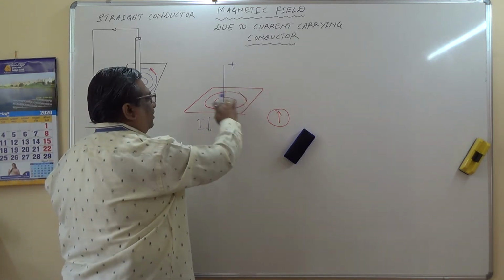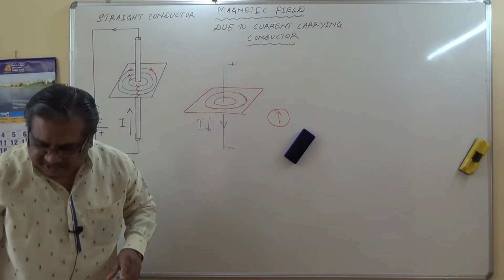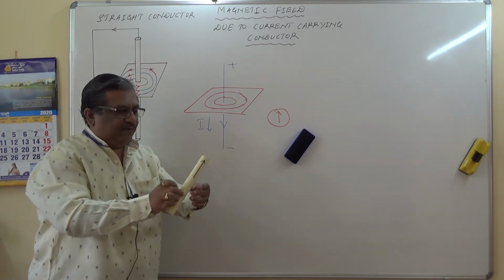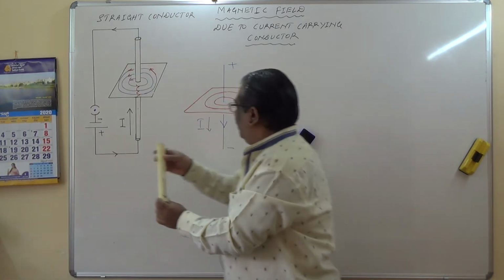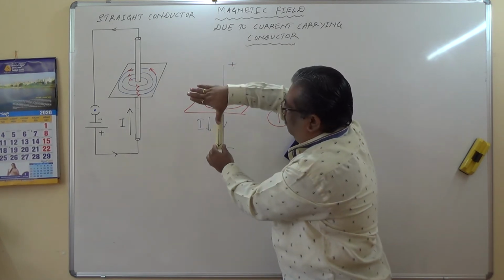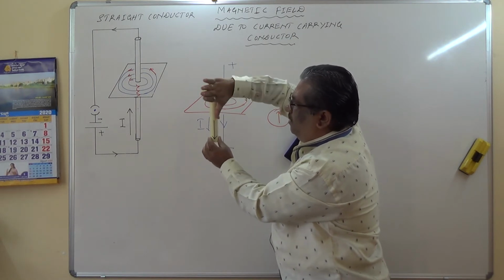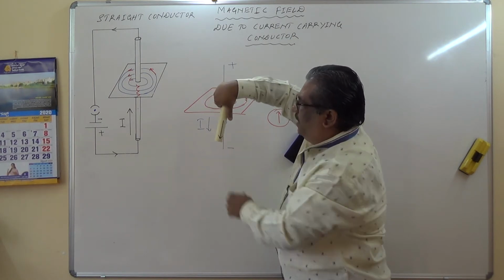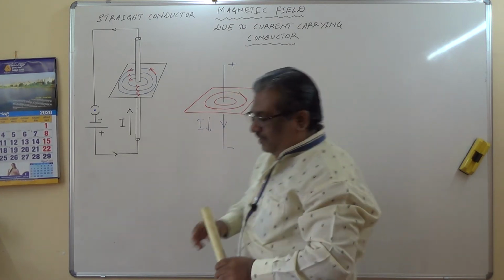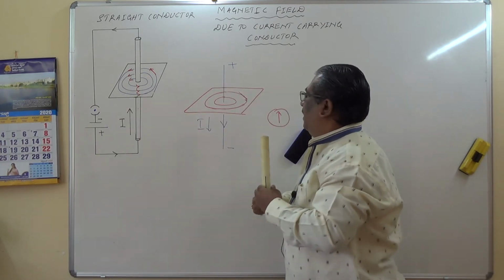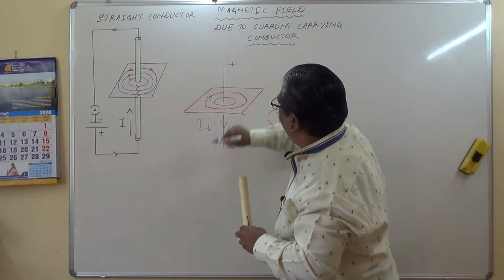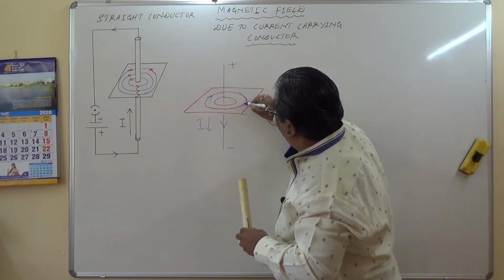It produces magnetic field lines around the conductor in the form of concentric circles. And what is the direction over here? Let us see this now once again. This is the conductor, and the right hand thumb, and see here, you can see this. The curly fingers indicate the direction of the magnetic field lines, and therefore the direction of the magnetic field lines over here is something like this, from here to here, and here it is from here to here.